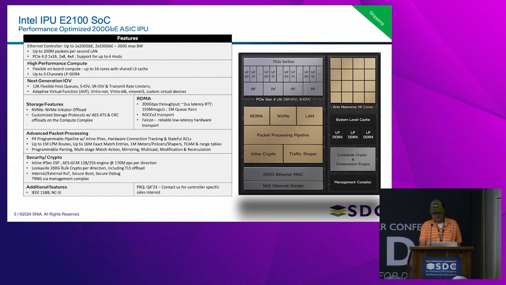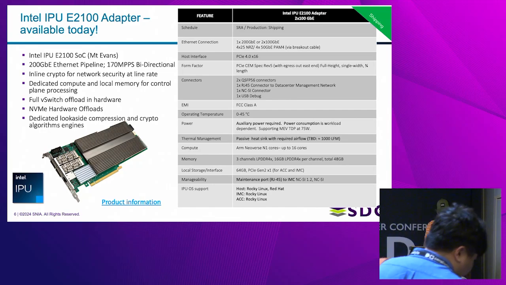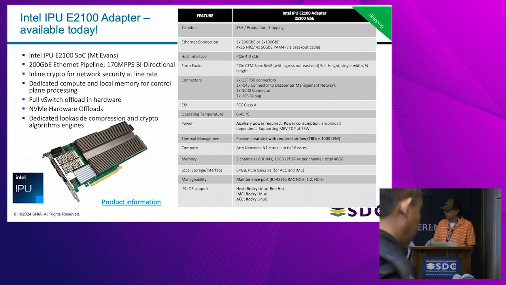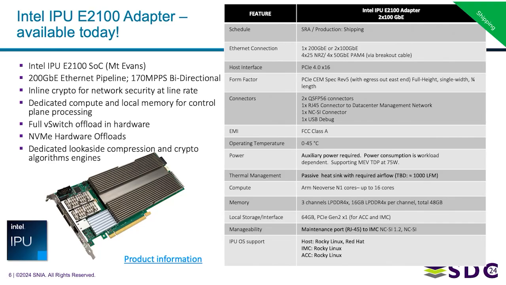And for those kinds of security operations, it has support of many different types of crypto operations. Once again, this is commercially available right now. This is the picture of an adapter, the one that we call MACA peak, with the IPU shown on it. It has all these different hardware offloads that I just mentioned.